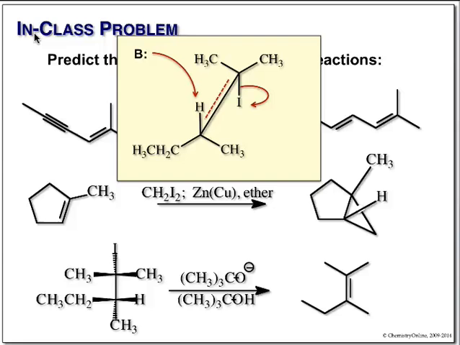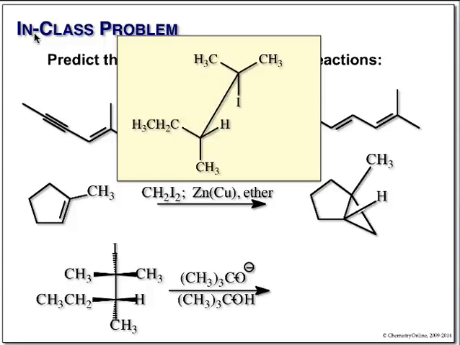I have a question. Yeah. On the last example, the iodine and the hydrogen, aren't they already trans? No, in our initial thing here, remember this is going back, this is going back, this is coming forward. So they have to be in the same plane. They have to be trans-coplanar.